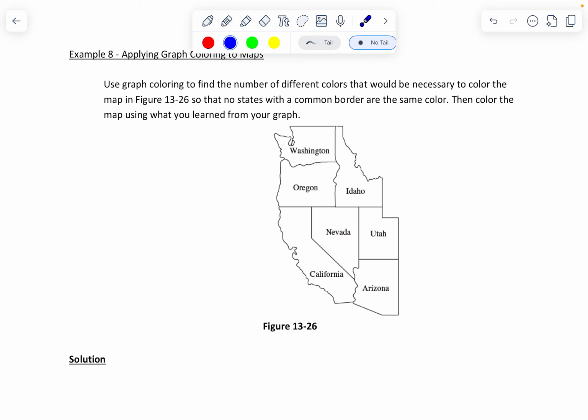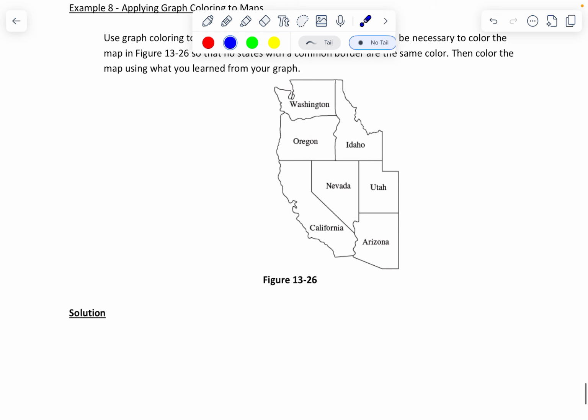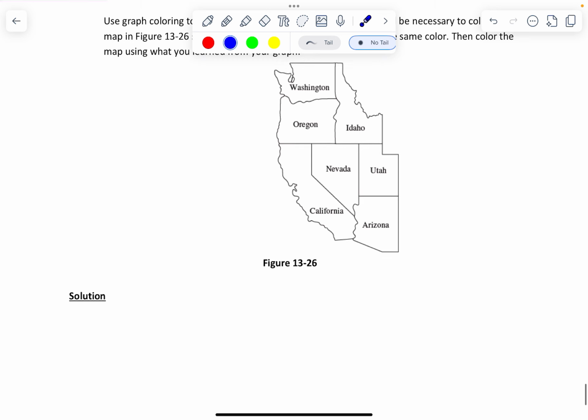Okay, so what we'll do is let's start with Nevada, and we'll make Nevada blue. I'm trying to figure out the best place to draw this so you can see the whole thing. Maybe over here. Oops, it's not blue.